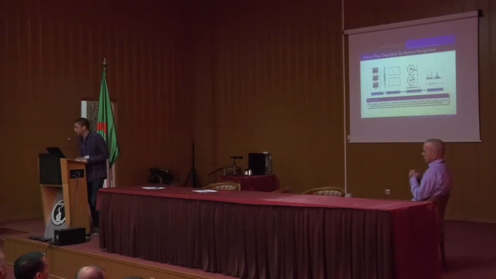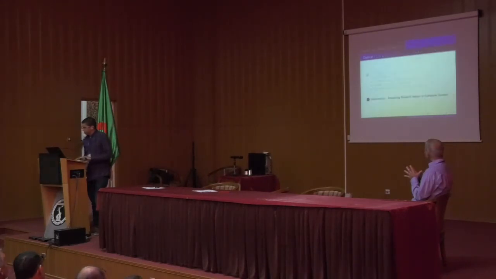Why not use it on detecting basic human activity? And we came up with a really simple algorithm, and we've got good and promising results to detect basic actions for surveillance technologies.